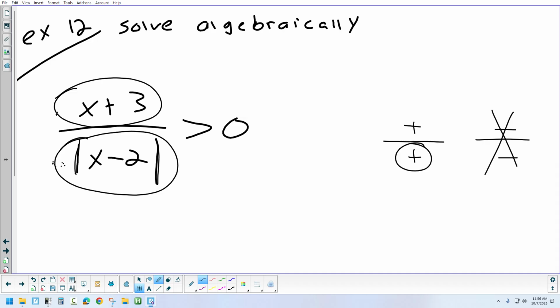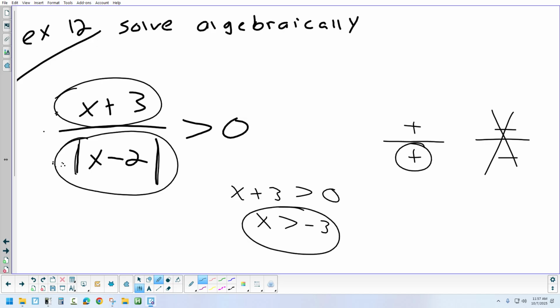No. I need to figure out when it comes out positive, and that's the answer to my question. So when is x plus 3 a positive number? Yep, x is greater than... negative 3.